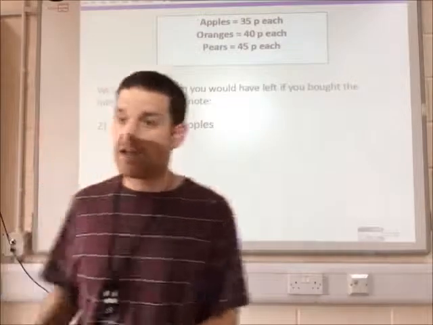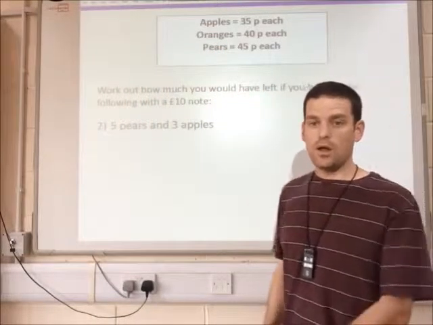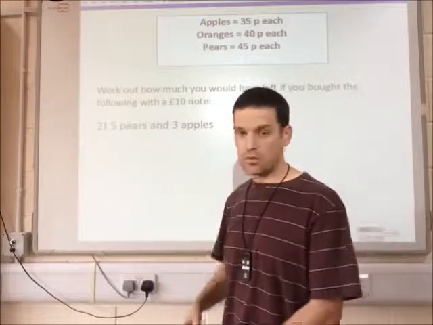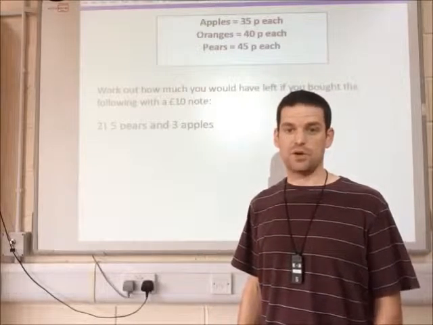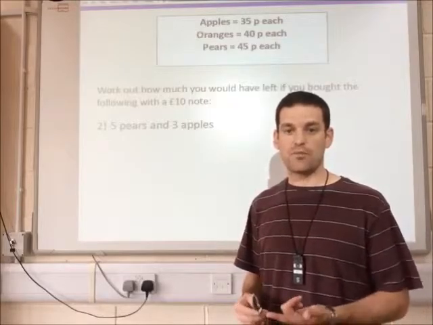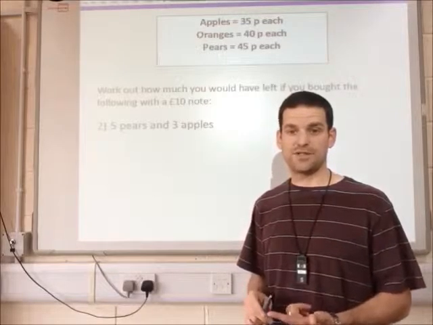So in the next one, the prices are still the same as before, but this time we want to work out if we were to buy 5 pears and 3 apples, how much change we would get out of £10. So to work out the price of 5 pears, I need to do 5 times 45.